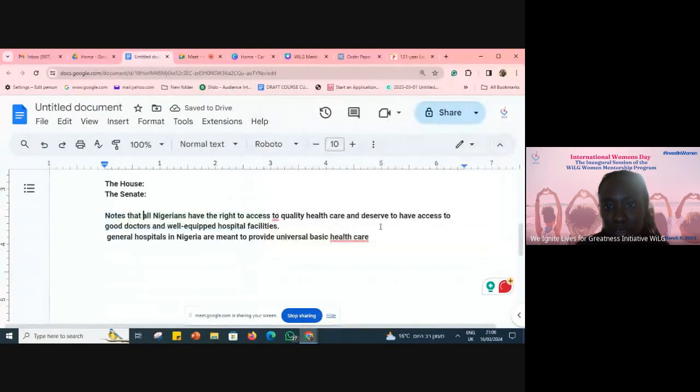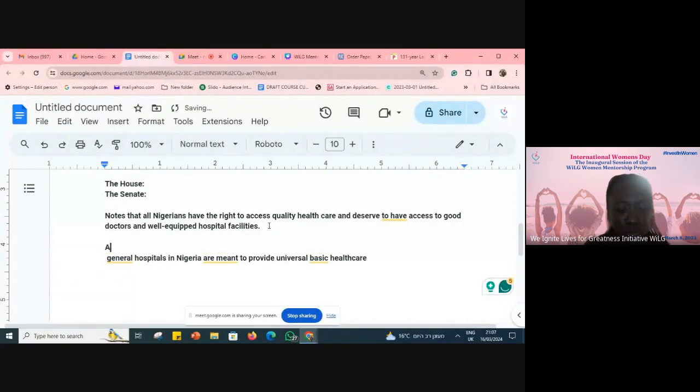Yeah, how can I dismiss this thing so it stops? Okay. Healthcare, why do I keep separating it? Okay, that's the last part. So note that all Nigerians have the right, we're starting to put the background, to access quality healthcare and deserve to have access to good doctors and well-equipped facilities.